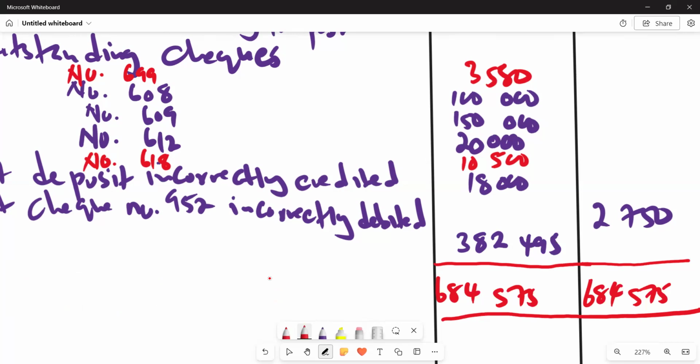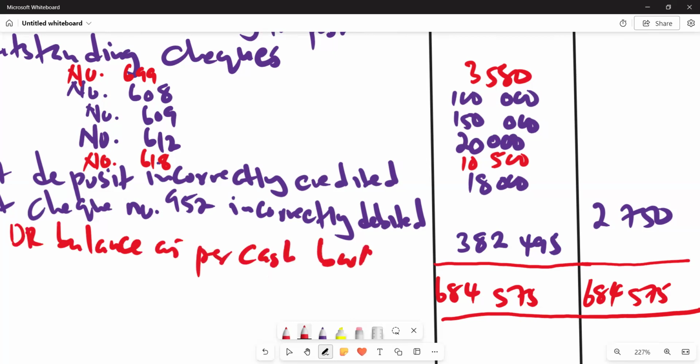So it means on the bank account or the cash book, it will be on the opposite side, which is the debit side. So we are going to say debit balance as per cash book. So this is the last calculation that we have in terms of the balance.